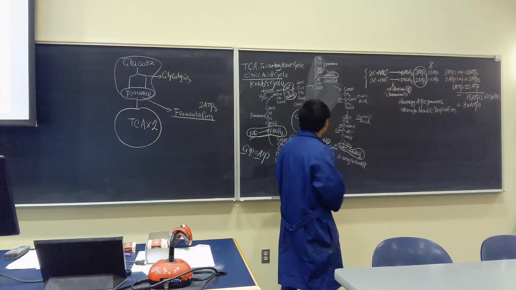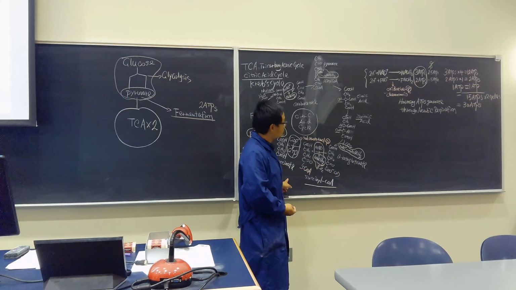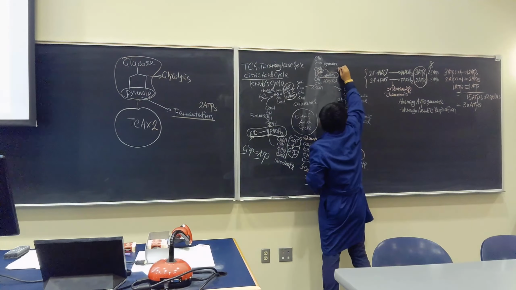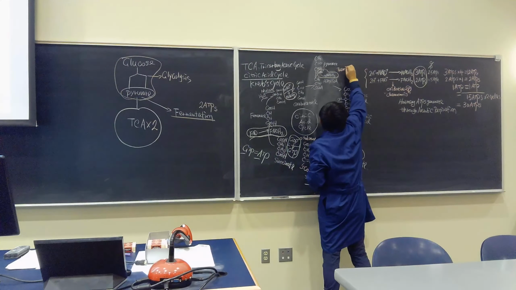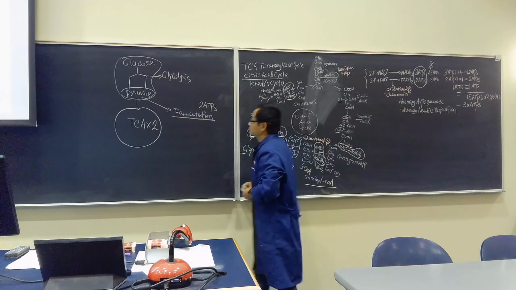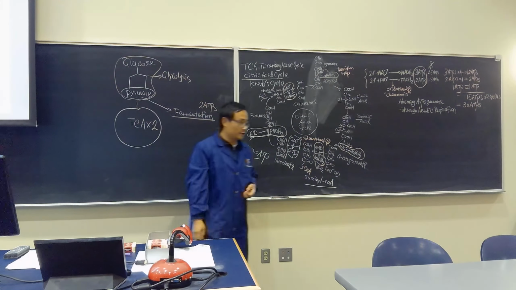Okay, we already calculated this part. This section is the citric acid cycle, including the transition step at the top. What we are missing is the glycolysis part. How many ATPs are generated?